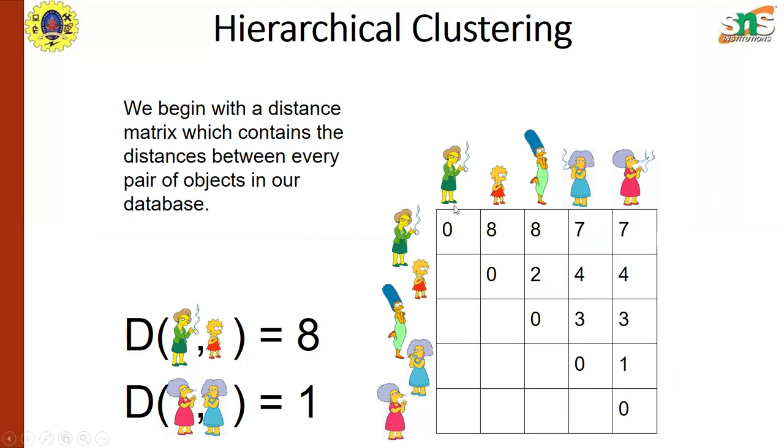If both objects are the same, it is replaced with the value 0, and like that it is placed diagonally. Then if we look at the green one with this pink dot, it is replaced with the value 8. Like that the values are filled in here. Hierarchical clustering is used to categorize and filter out the values in this way.